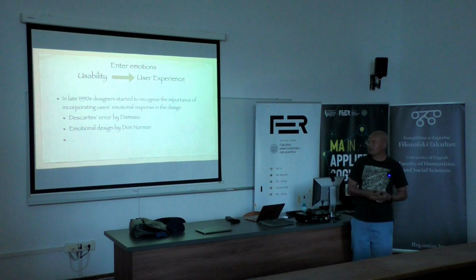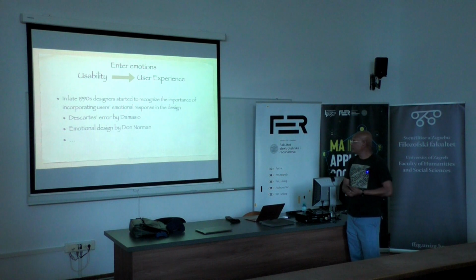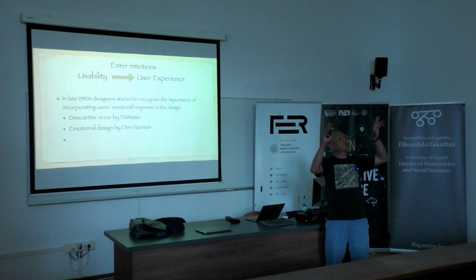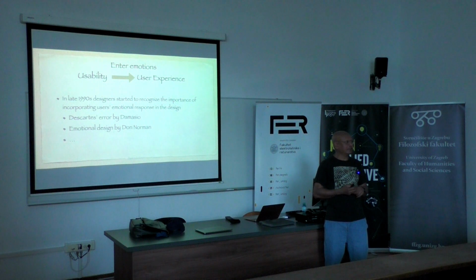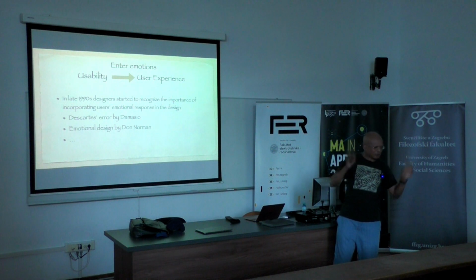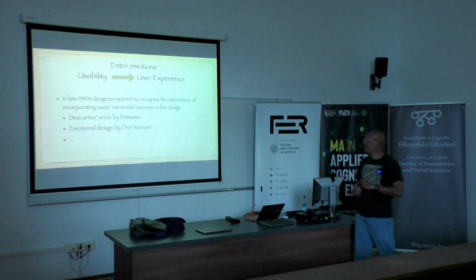For example, Descartes' Error by Damasio, and this whole emotional intelligence idea came about, and people started to recognize that emotions actually play a very important role in decision making. They are a very important part of our cognition. And this older model of, quote unquote, rational thinking is not very good. Okay, sorry, I'm using simple words like not very good, but I think you know what I mean.